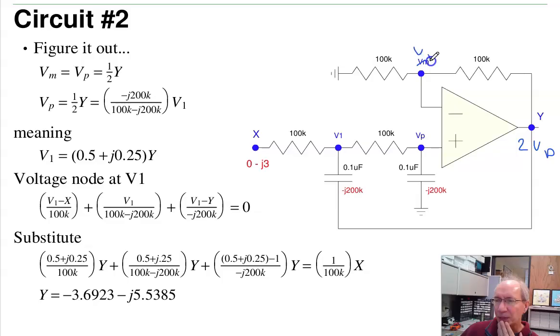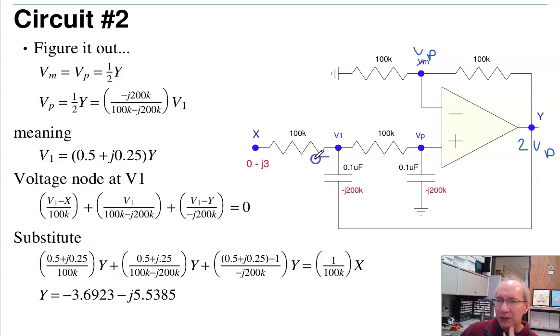This is Vp. I know from voltage division, Vp is R1 over R1 plus R2 times V1. Solving backwards, I know what V1 is.